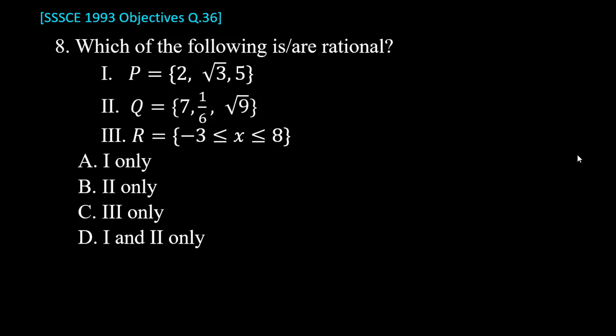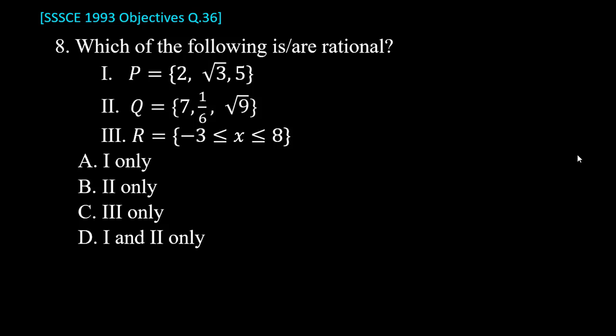Now, if you consider what is provided, we have option A, I only, option B, III only, option C, II only, option D, I and II only. If you observe I, you'd realize that root 3 disqualifies the set from being rational numbers, since root 3 is an irrational number.